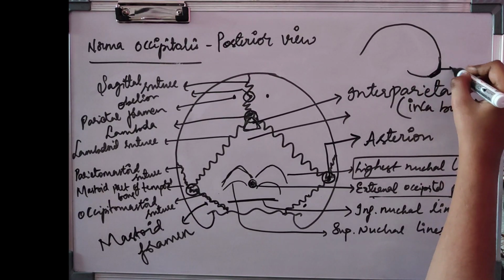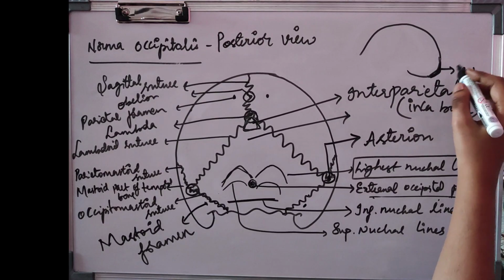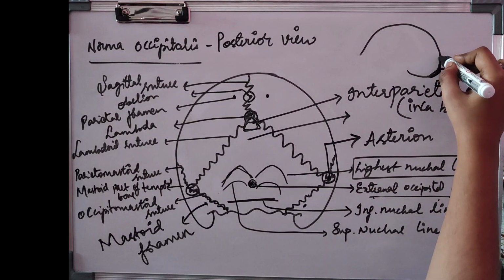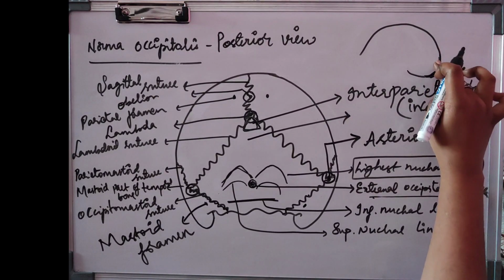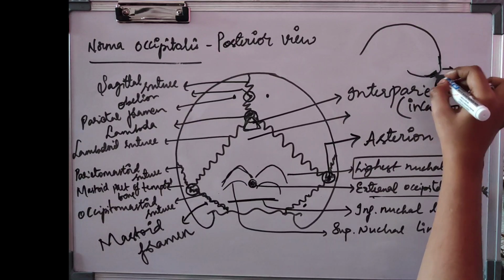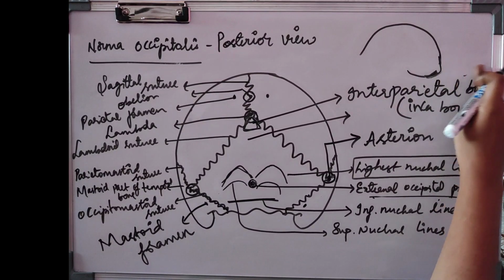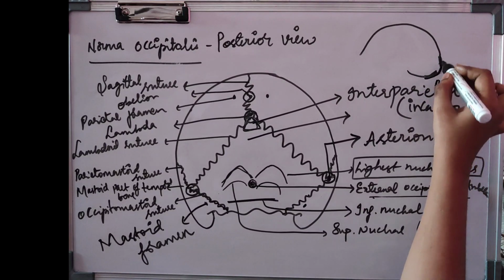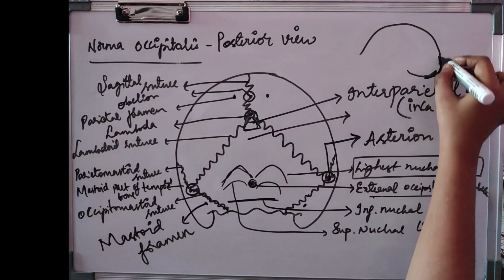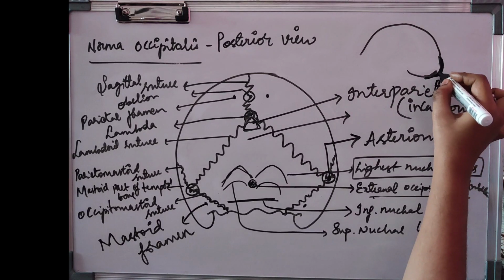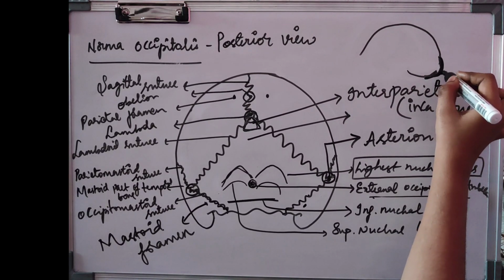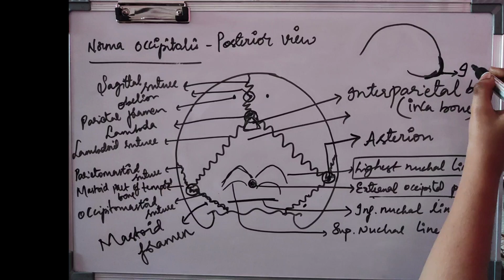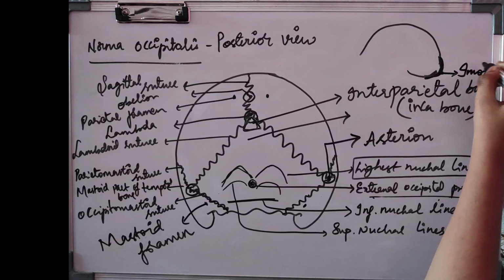This median prominence is known as external occipital protuberance. On this external occipital protuberance you can find one more prominent point that is known as inion.